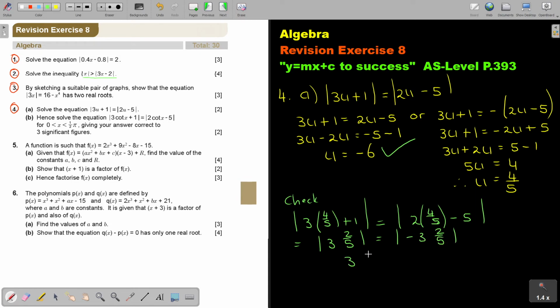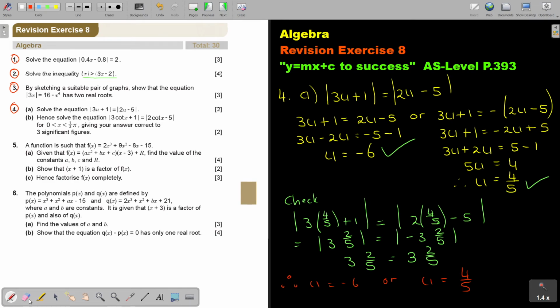So it's 3 and 2 over 5 equals 3 and 2 over 5, because the absolute value of a negative is a positive. So I can end by saying, therefore, u is equal to negative 6, or u is equal to 4 over 5, or you can say both are solutions. Okay.